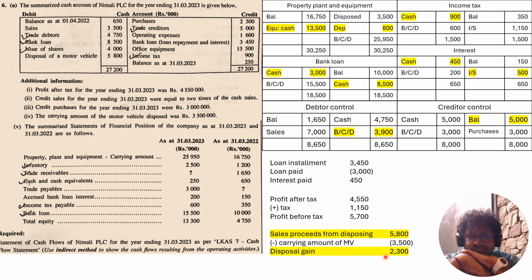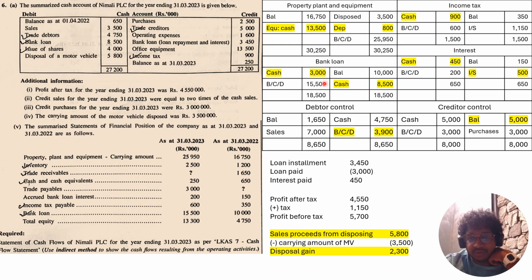For the loans, the bank loan opening and closing balances are given as 10,000 and 15,500. In the cash account, it says you obtained new bank loans of 8,500. By recording all those in the bank loan account, you can find the bank loan repaid amount.